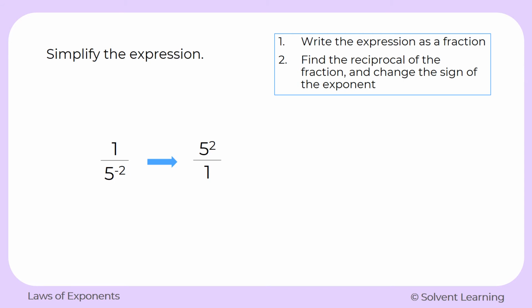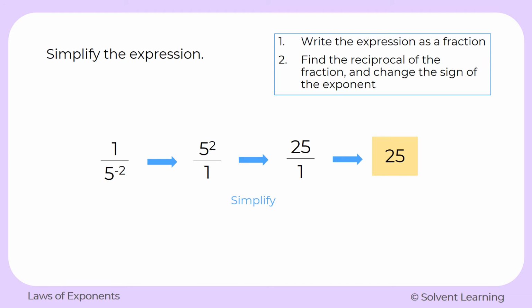And we want to see if we can simplify this anymore, which we can. The numerator of 5 squared can simplify to 25. So now we have 25 over 1. And that can be simplified even more, because any number over 1 is like saying 25 divided by 1, which is just equal to 25.